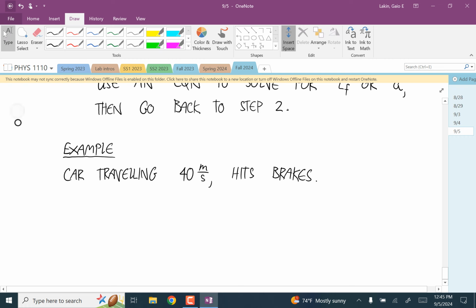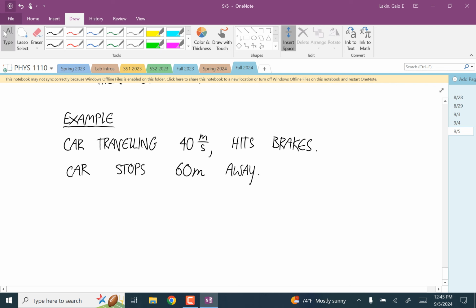And the car stops 30 meters away. Is that too high? Let me see. That's way too high. So it would really take a lot longer than that. So let's say the car stops, let's say 60 meters away. And we want to know 2 things.